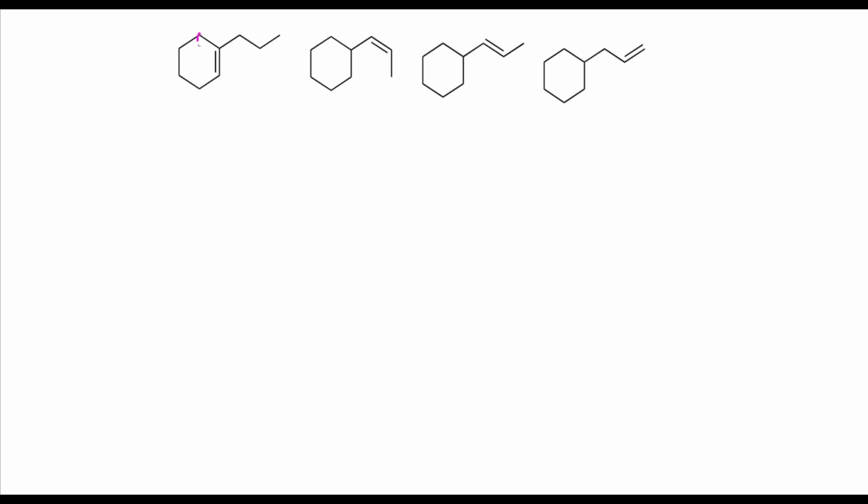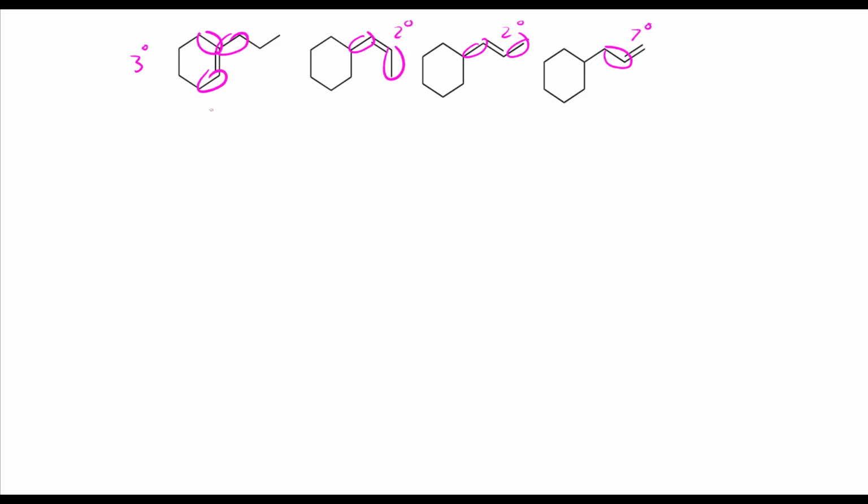In this case, we have 1, 2, 3 bonds attached, right? So that's going to be, let's call that 3, right? And over here we have 1 and 2, that's a secondary. Let's call this 1, 2, that's a di or secondary, I don't care. And that's 1 bond, so that's going to be the worst.